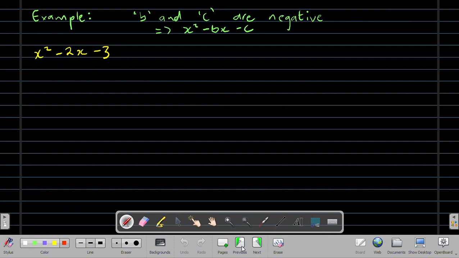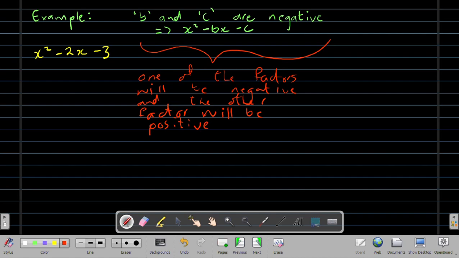Again, another trickier one. So we have b and c negative, and the same theory applies as the previous one. One of the factors will be negative and the other factor will be positive. So let's put down our factors right here. We have x, and factors of 3, that will be 1 and 3. Now we have to choose our signs.